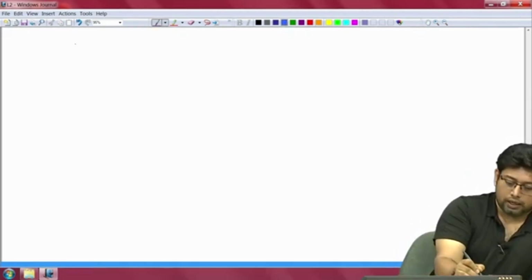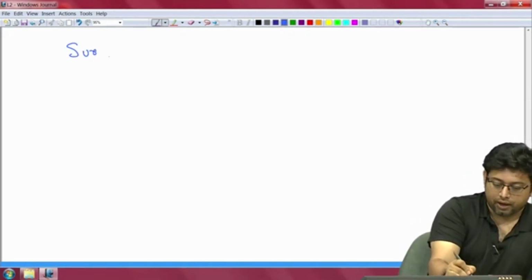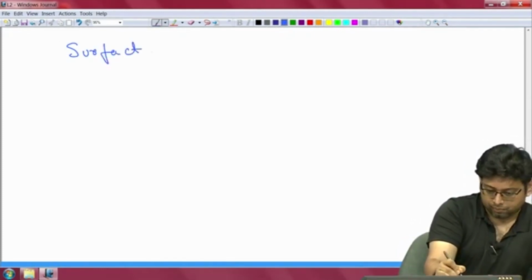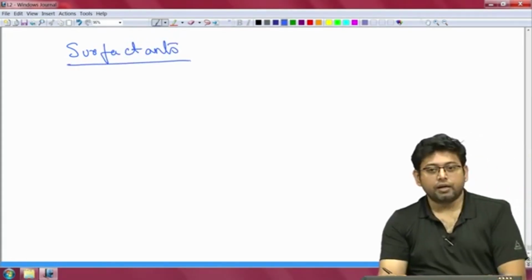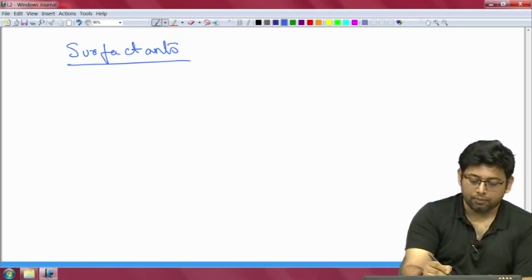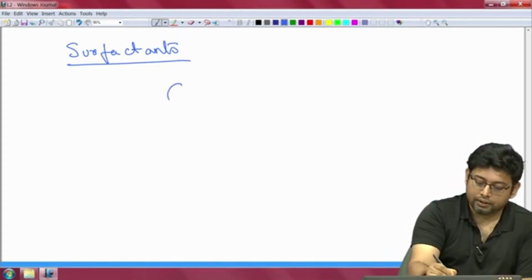So, maybe we will also take a look at something called surfactants. Surfactants are also what are called amphiphilic molecules, because they have a very interesting structure.